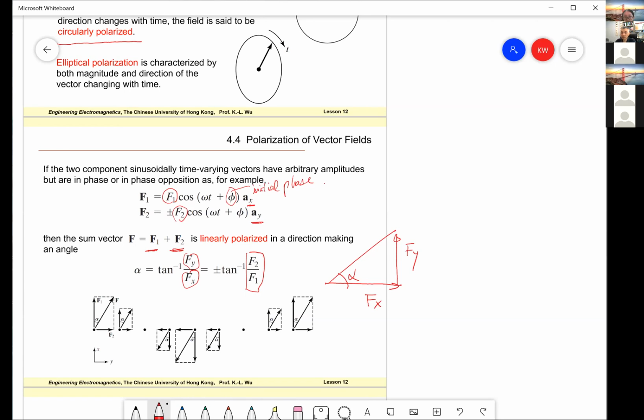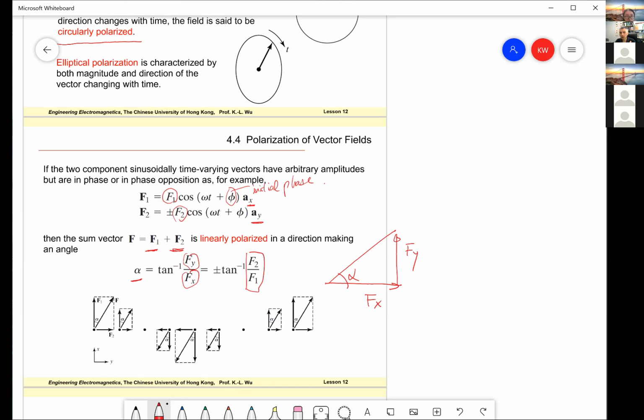The magnitude is constant, so the angle of the combined vector, the direction, never changes.